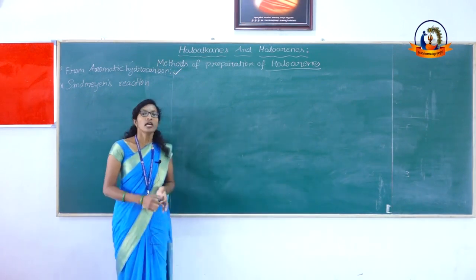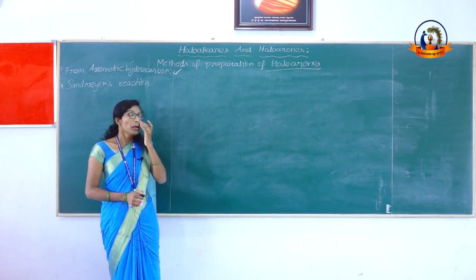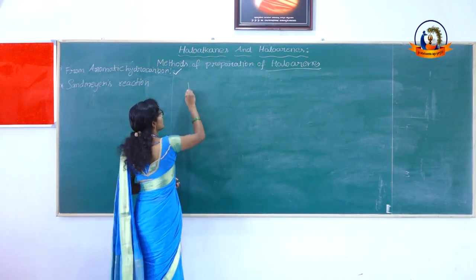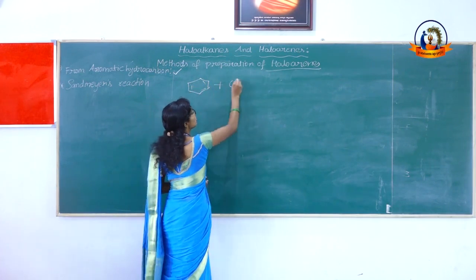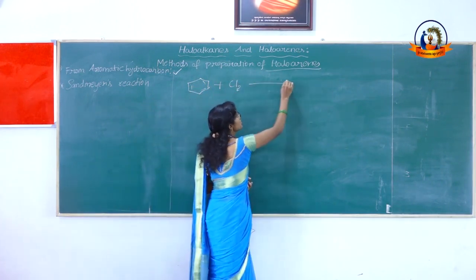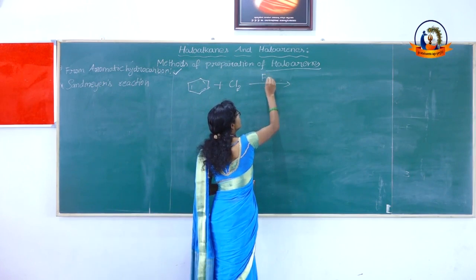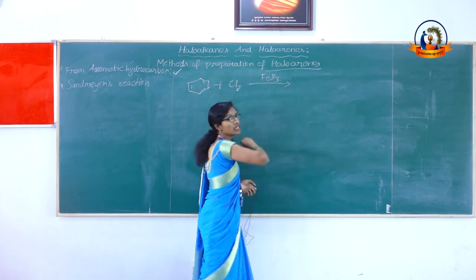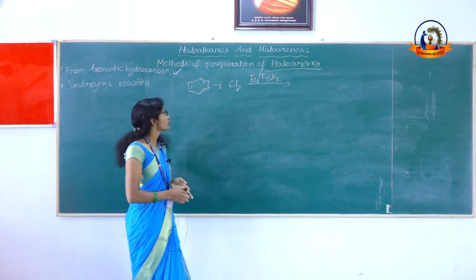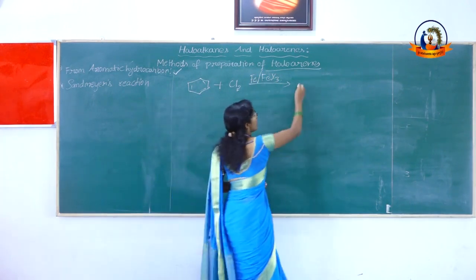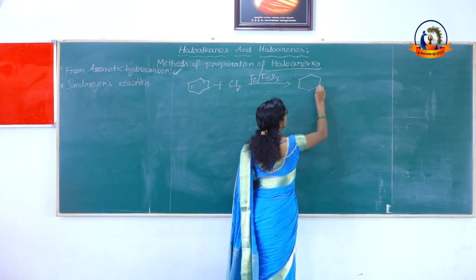Here what happened? Aromatic hydrocarbon or benzene reacts with halogen in the presence of halogen carrier, or Fe. They give haloarenes.